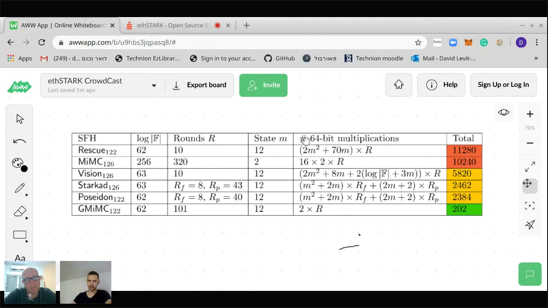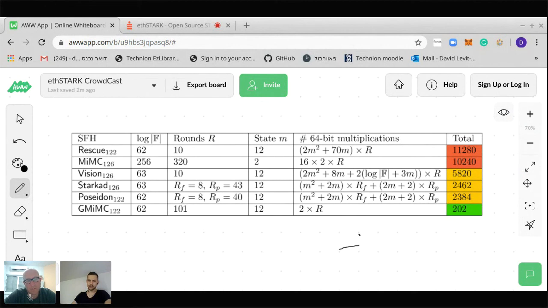Then we see here that Rescue, which is the chosen hash, actually has the highest complexity on a CPU. The reason is that Rescue has the operation of taking the third root. This is very efficient in STARKs, because taking the third root is equivalent to saying that the current state is a cubing of the next state.